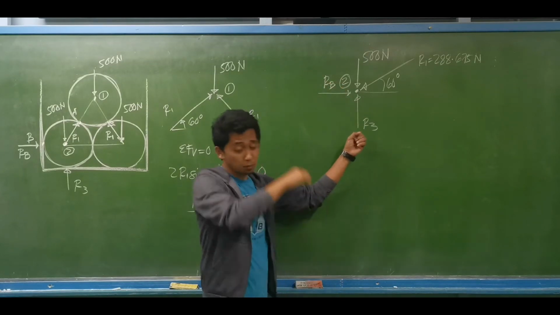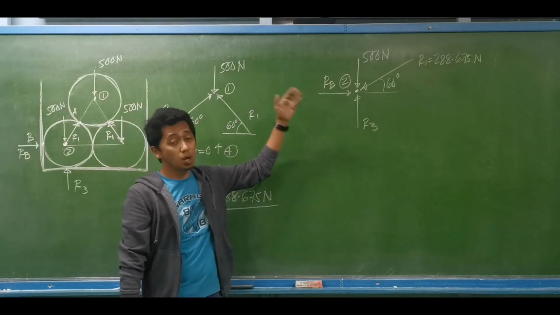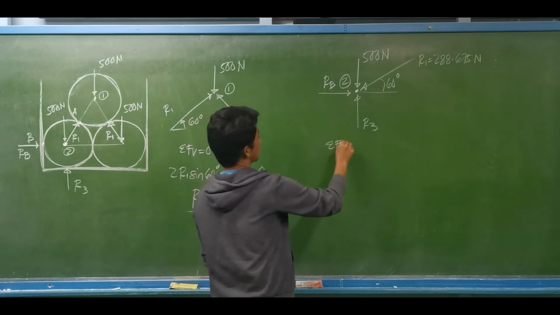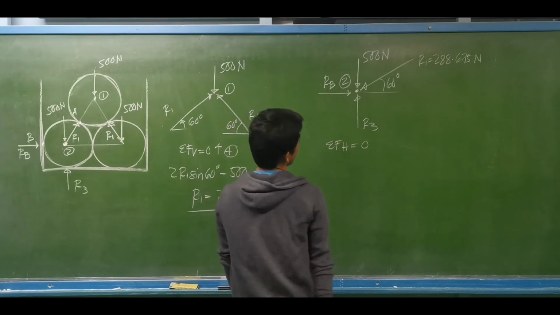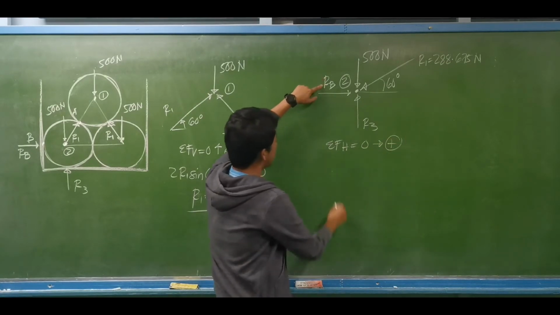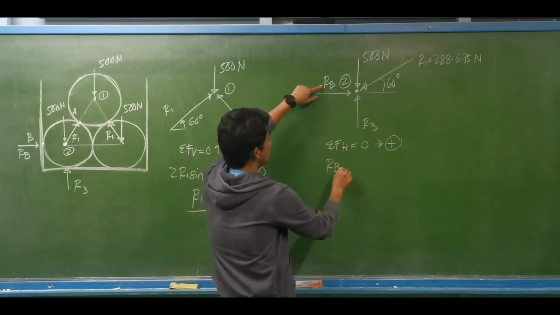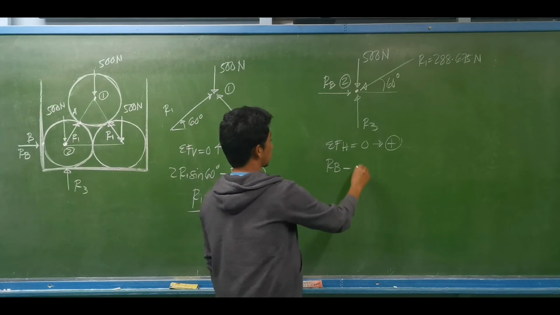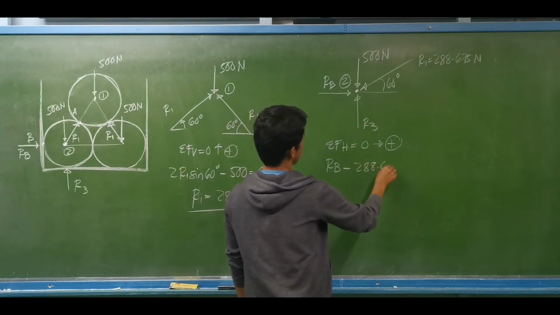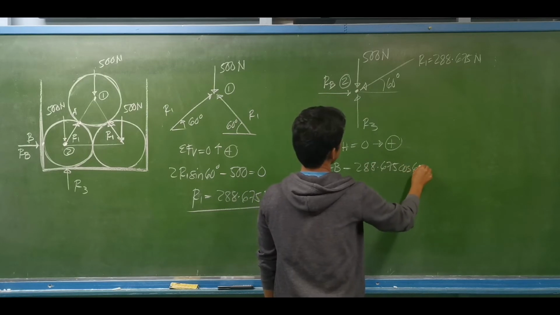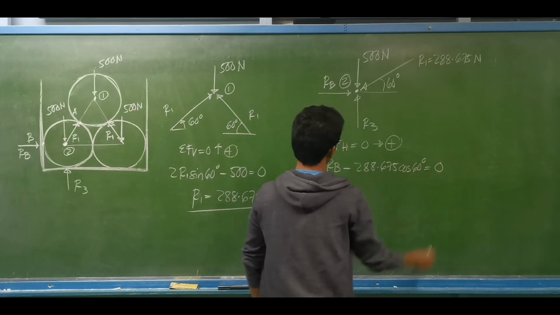I think we don't need R3, since all we have to do to compute the reaction at B is summation of forces, horizontal equal to 0, right forces positive. That is the reaction at B minus the horizontal component of this force, 288.675 cosine of 60 degrees, equal to 0.